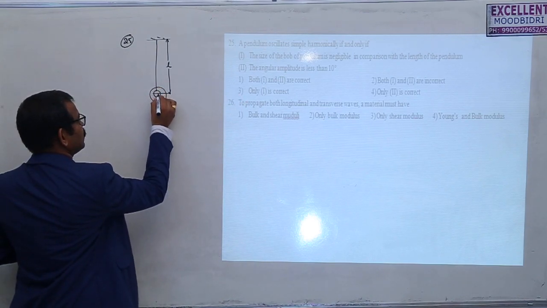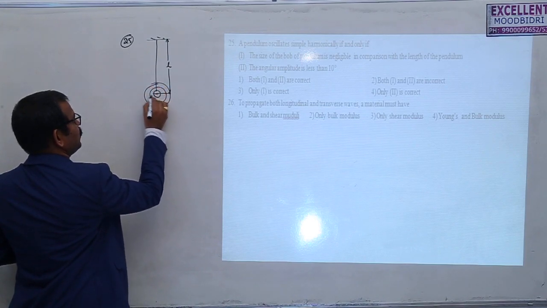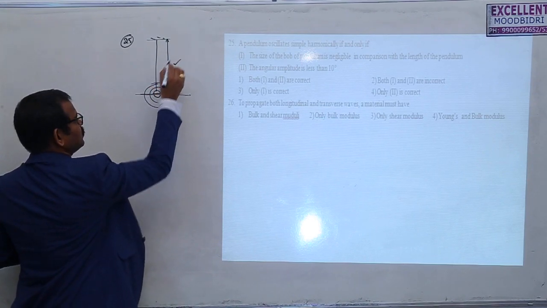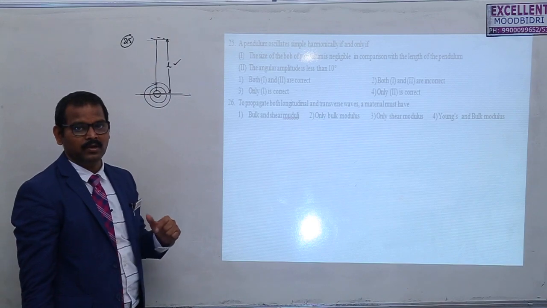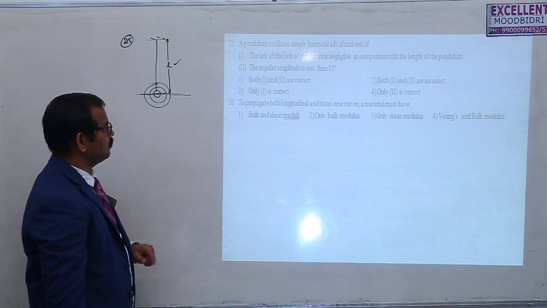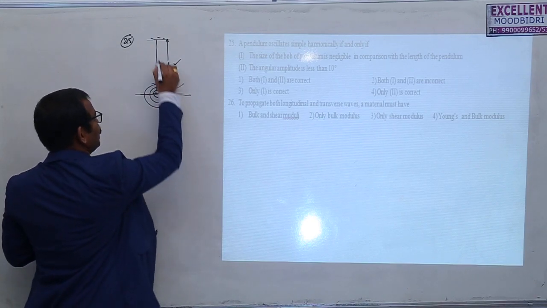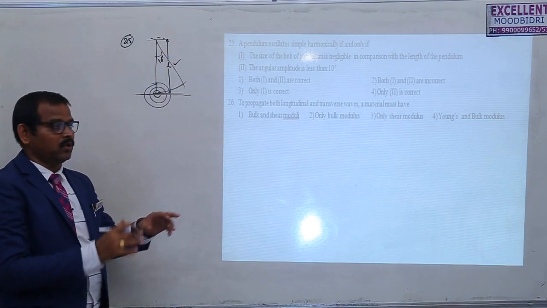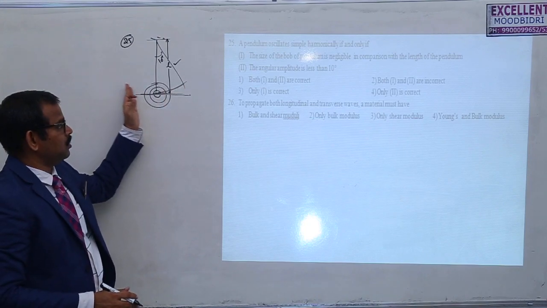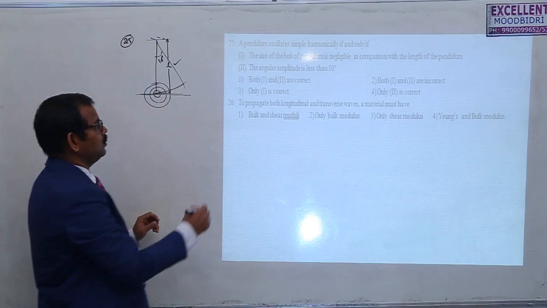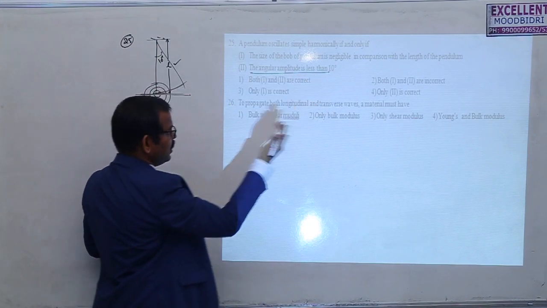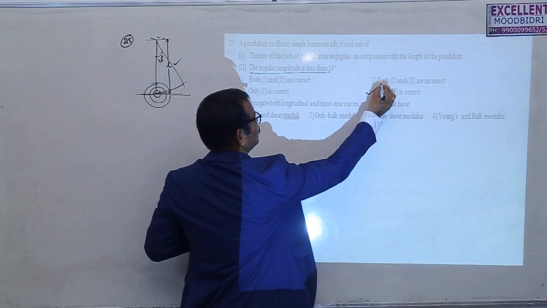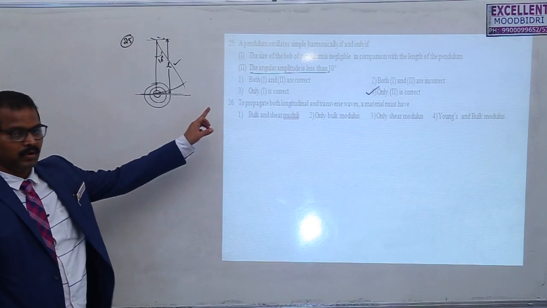So even if the size of the bob increases, this remains the same. So that is not a point to observe. But here, if the angular displacement is more than 10 degrees, then other forces will come into the picture and the motion will not be simple harmonic. So the angular amplitude should be less than 10 degrees. So only the second one is correct here.